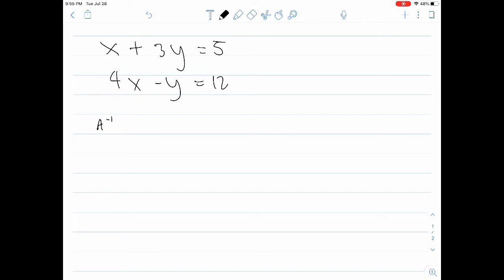Karon mas sayon kay 2x2 matrix siya. Before makuha ang A raised to negative 1, dapat pangitaon una ang A, ang coefficient matrix. Ang coefficient matrix ani is just ang tapad sa x, which is 1, tapad sa y, which is 3, tapad sa x sa ubos 4, tapad sa y, which is negative 1.